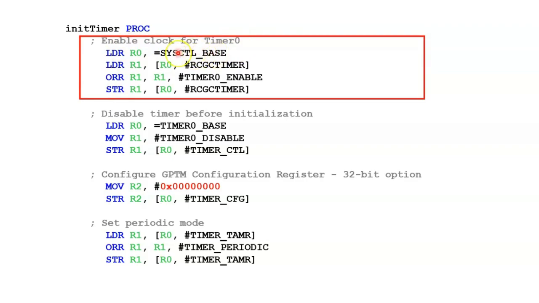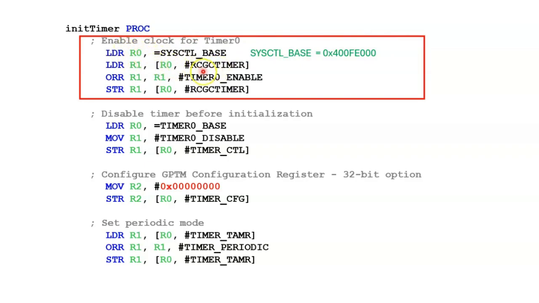This SYSCTL_BASE has been assigned the value 400FE000 hexa. So this value will be copied into R0.